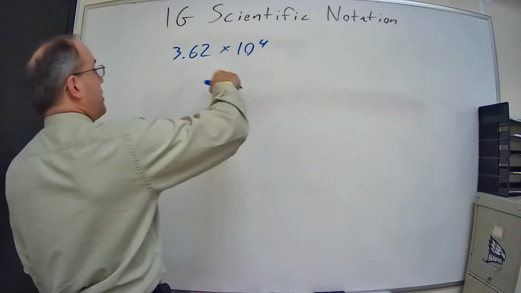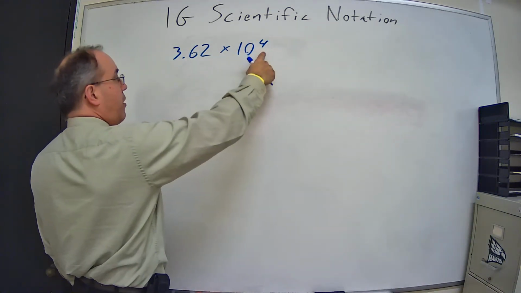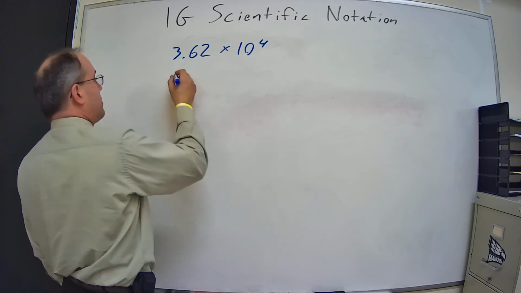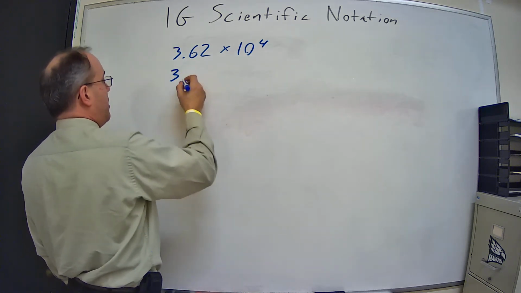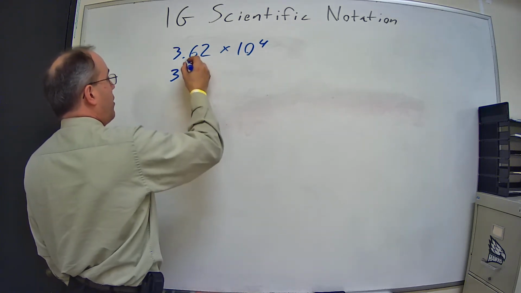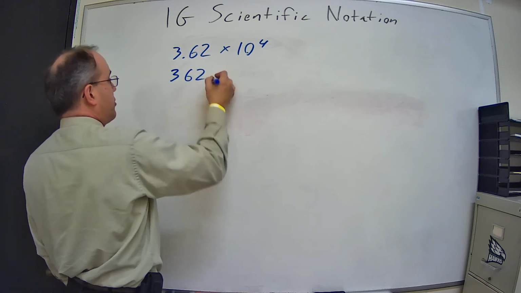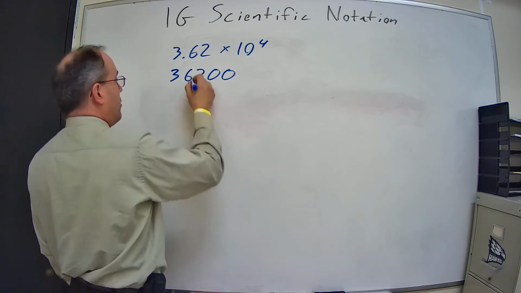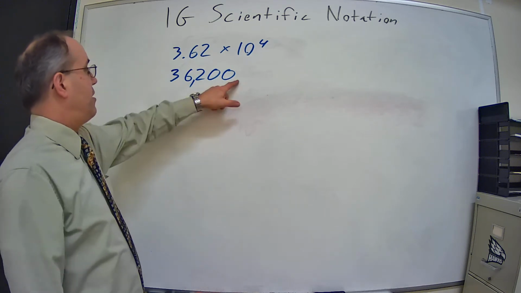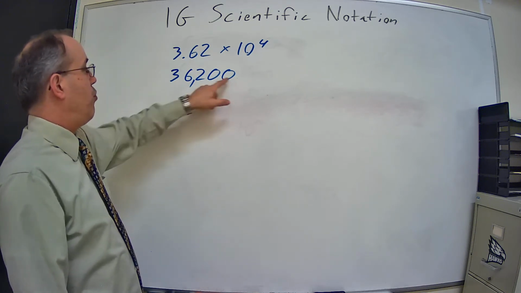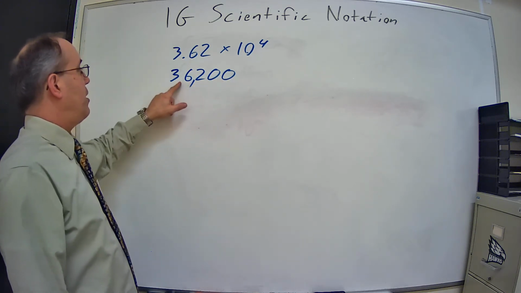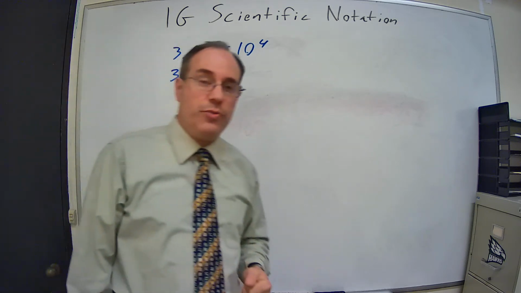So 3.62 times 10 to the 4 is the same as 36,200. Notice that moving the decimal point from here, 1, 2, 3, 4, puts me at my 3.62 again.